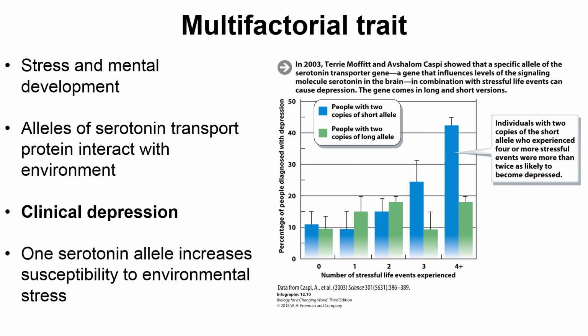In this graph, one of the things we see is that if you have two copies of the short allele for the serotonin transporter, and you experience 4 or more stressful events in your life, you are more likely to become depressed.